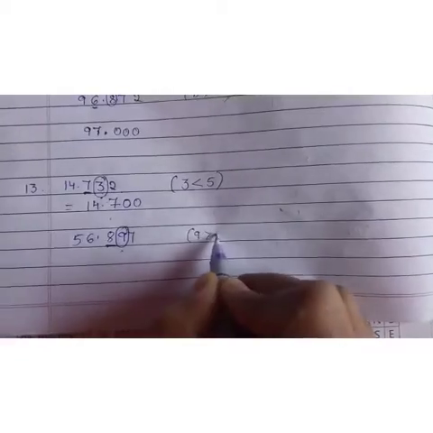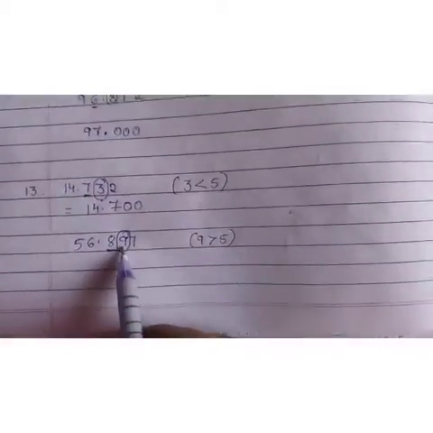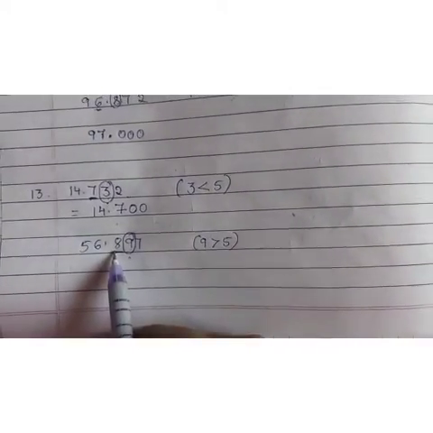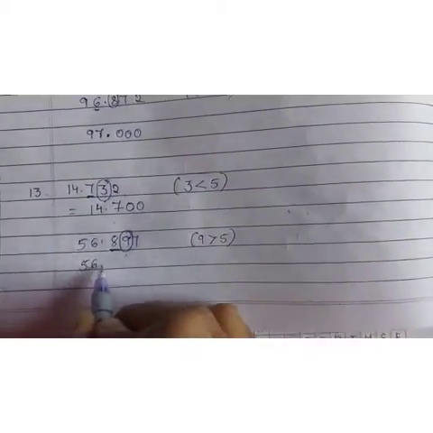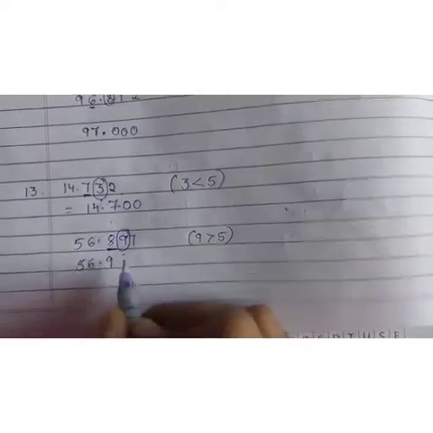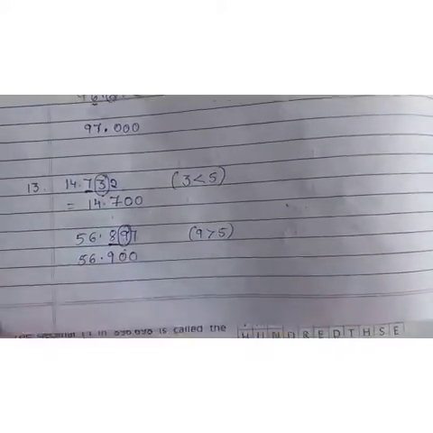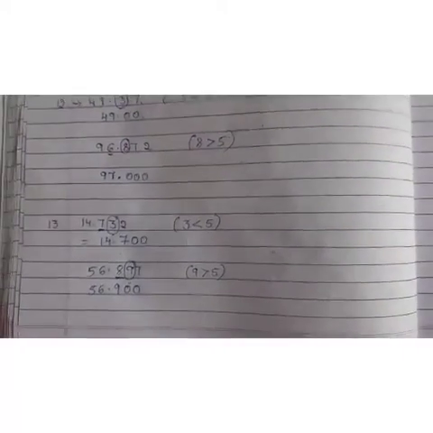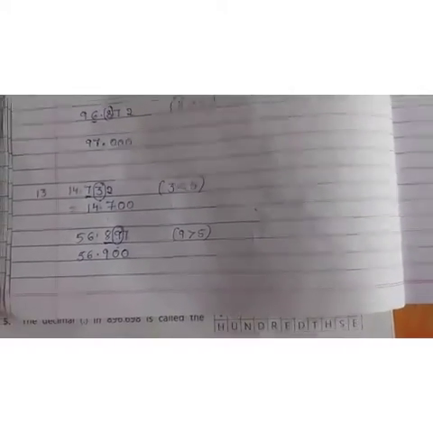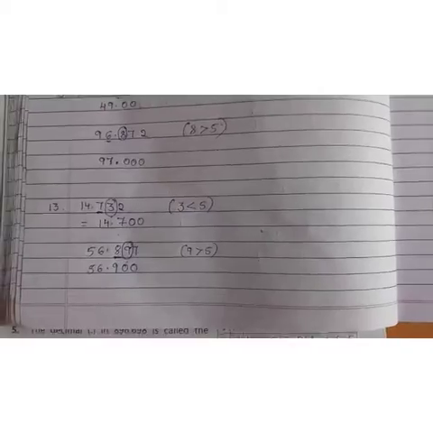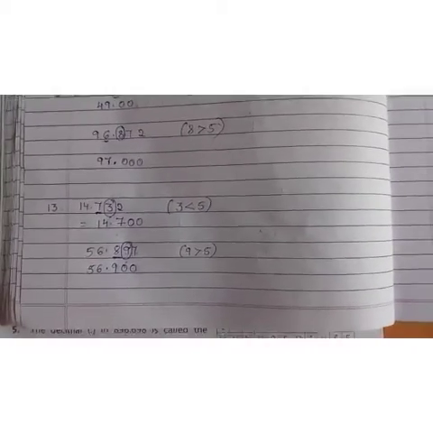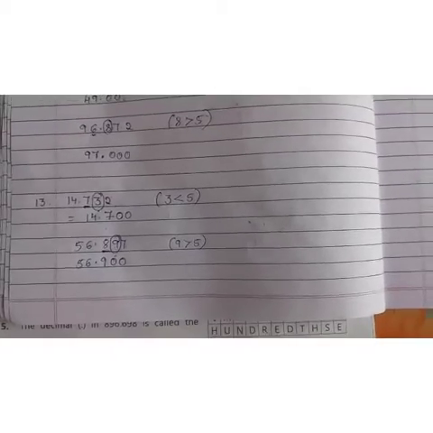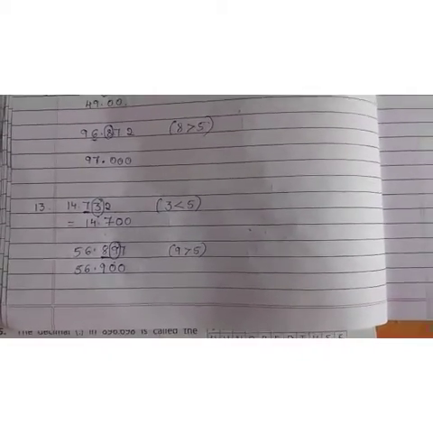So 9 is greater than 5. When this is greater, what do you have to do? Add 1 to the rounding digit. So 8 becomes 9 and keep these two digits as 0. This is how we round off the given numbers to the nearest one and to one decimal place. I hope the chapter is understood. So practice at home and all the best for your exams.